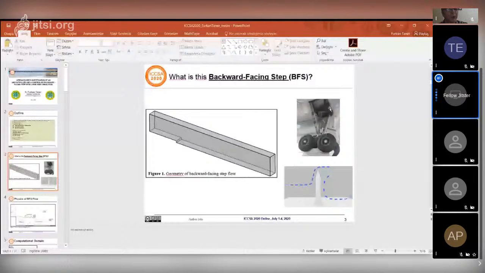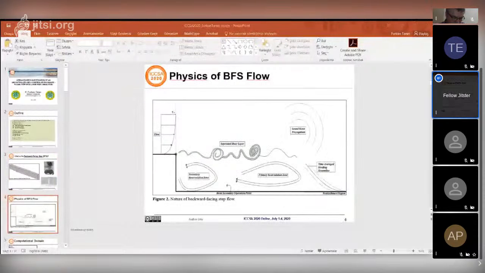First, the separated shear layer, which I'm showing with my cursor, and the primary recirculation region, the primary and secondary recirculation region under the shear layer, and the reattachment region. Flow separation from the step edge leads to high speed eddies, large energy losses, vibration and noise.